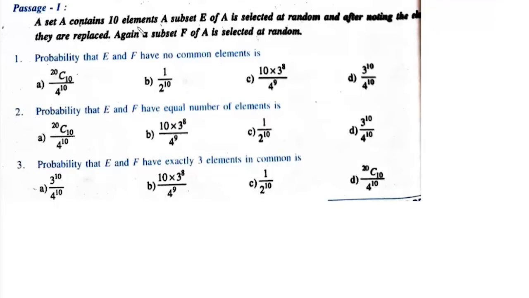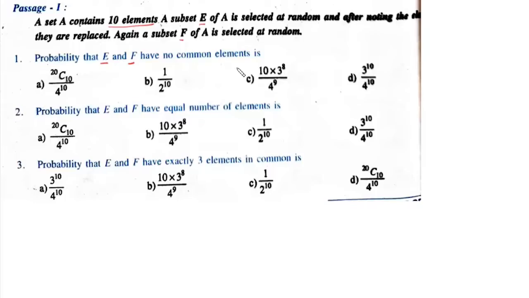Now here the question is, a set A contains 10 elements. A subset E of A is selected at random, and after noting all the elements, they are replaced. Again a subset F of A is selected at random. The first part is to find the probability that E and F have no common elements.